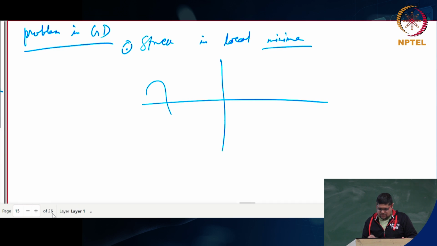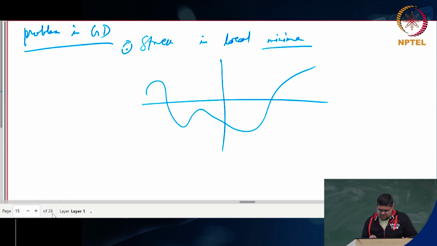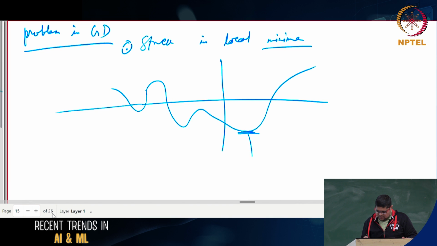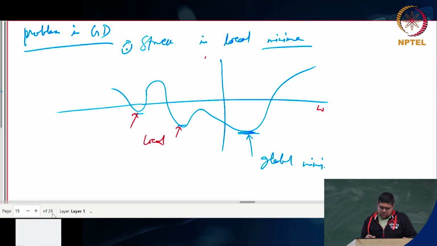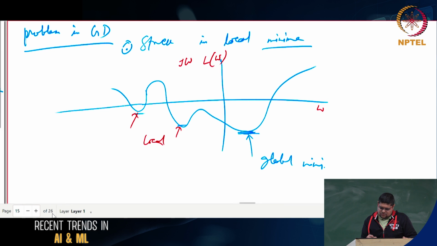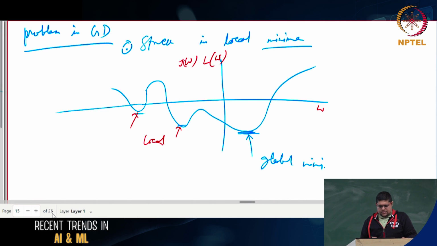Suppose you have this curve. Okay, I have not drawn it correctly. Suppose this one is your global minima. These ones are your local minima. This axis is W, and this one is L(W), or say J(W), you can also think of.